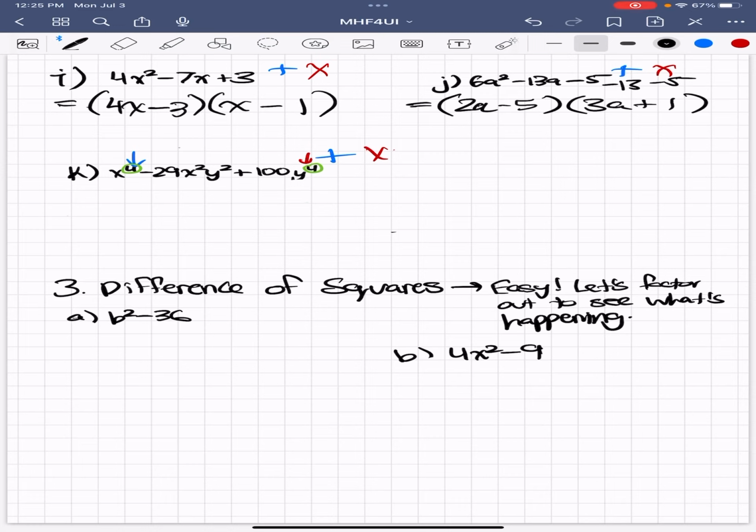Two a multiplied by 3a is 6a squared. 2a multiplied by positive 1 is positive 2a minus 15a. That would be negative 13a and negative 5. And positive 1 multiplied together equal negative 5.